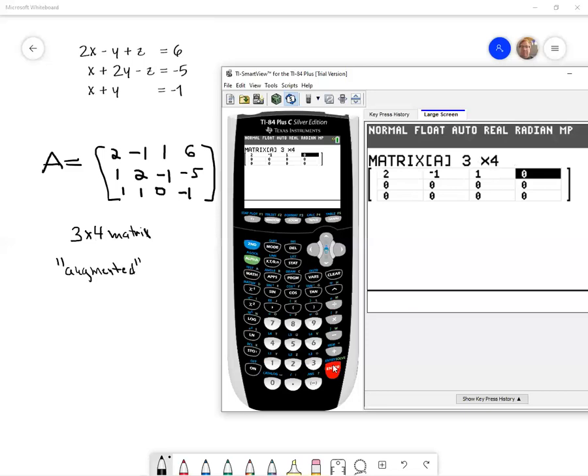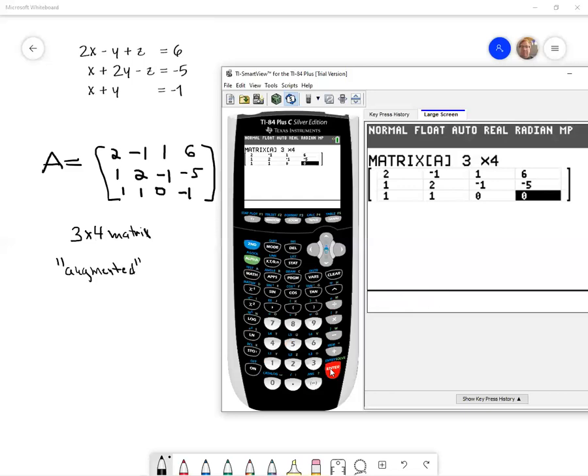That's my first row. I hit enter, it brings me down to the second row, just as I would expect. So 1, enter, 2, enter, minus 1, enter, minus 5, enter. And lastly, 1, 1, 0, minus 1.